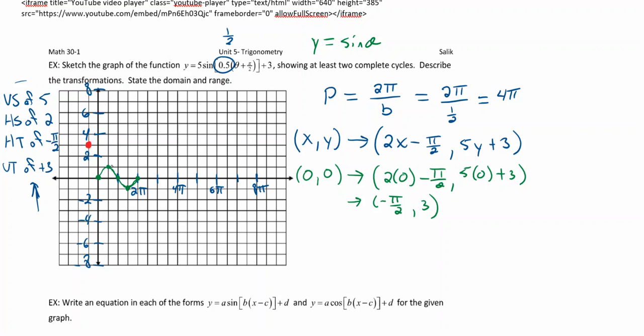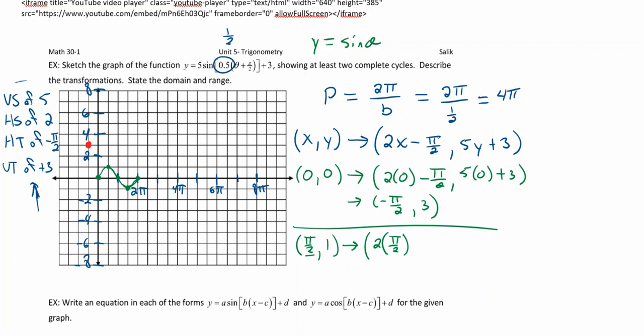Next one. So the next one is going to be the point pi over 2, comma 1. Okay, so doing this one, that was our rule up there, so that's going to be 2 times, and then instead of an x, it's pi over 2, right? Which will work out nice.